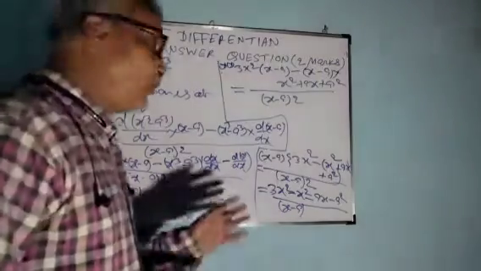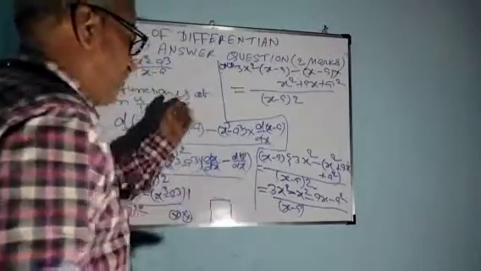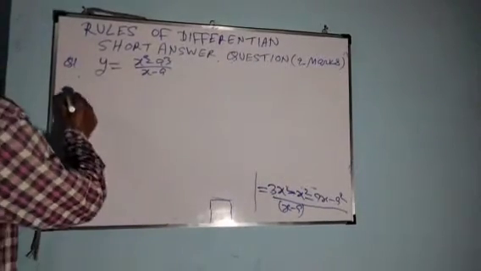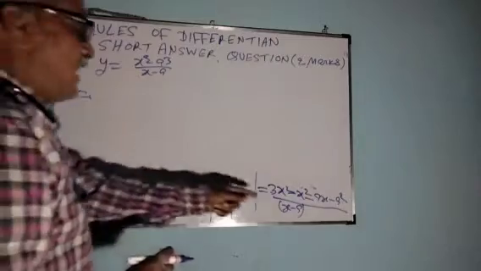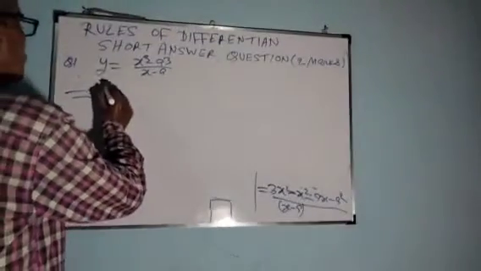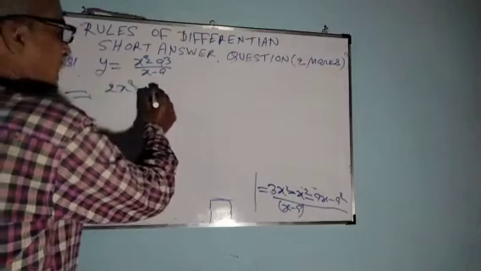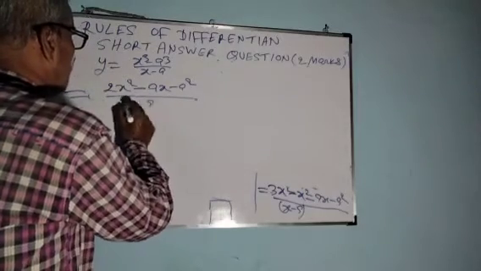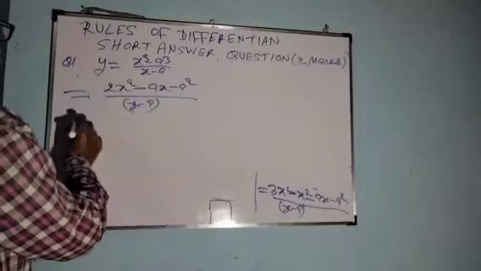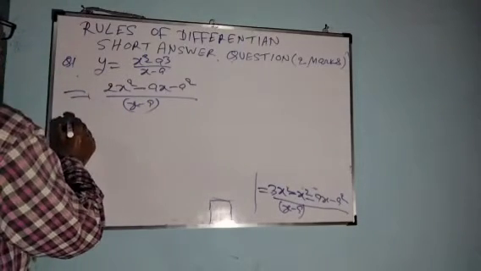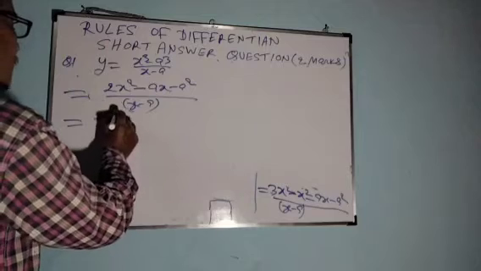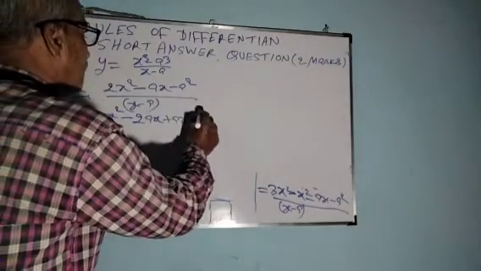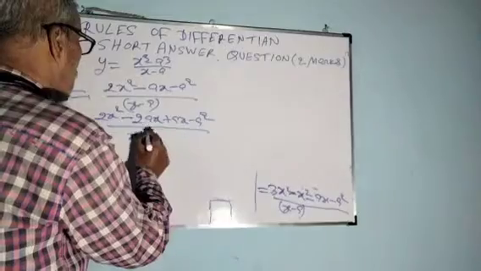You write it in your notebook. After that, I write the next step. This is equal to 2x square minus ax minus a square by x minus a. Now factorize it by splitting the middle term. This is equal to 2x square minus 2ax plus ax minus a square by x minus a.